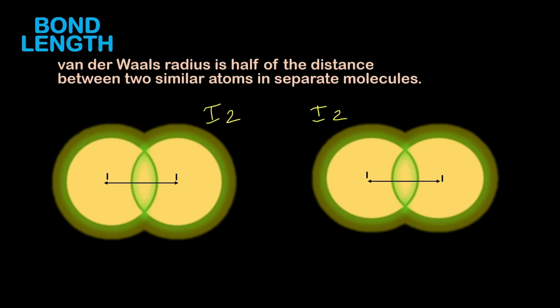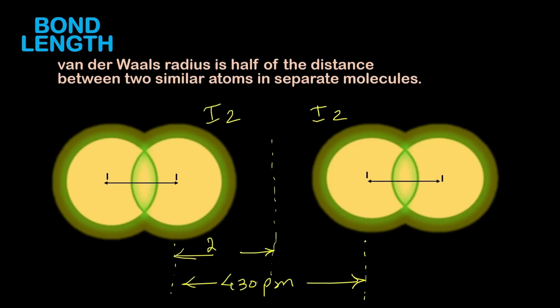Over here it has been seen that the internuclear distance is found to be 430 picometers. Definitely we have the van der Waals forces of interaction in play, and hence the van der Waals radius in that case is going to be half of the internuclear distance, and that is equal to 215 picometers.